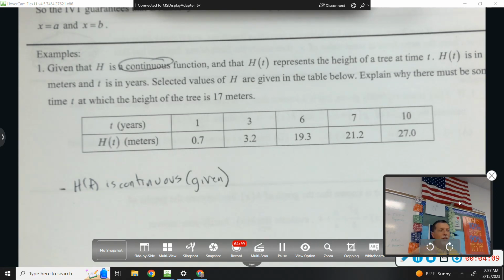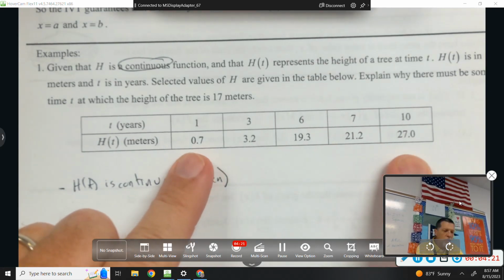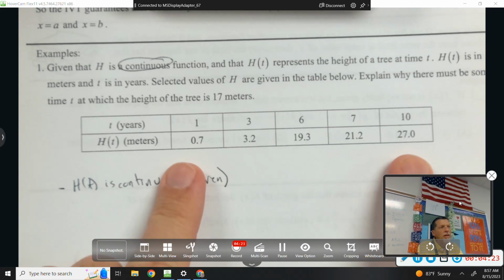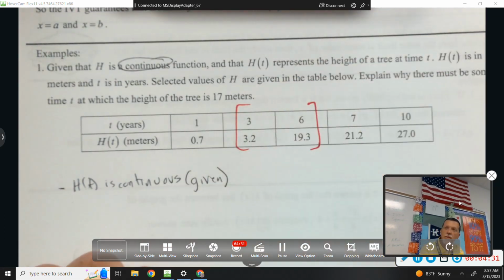Good. So when you're in your explanation, you have to include the start and the stop. So you can't just say it reaches 27. You have to state where it started. Now, you said 0.7 to 27, and that is okay to use because 17 is in between there. Most calculus teachers and most calculus books are going to use the narrowest region possible.